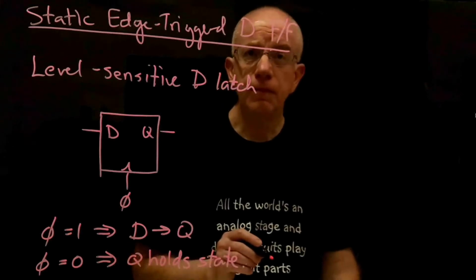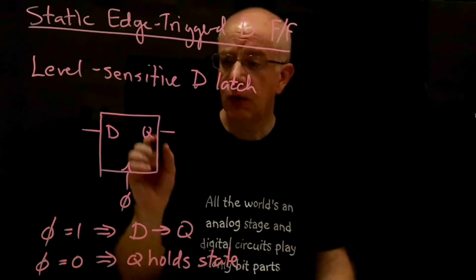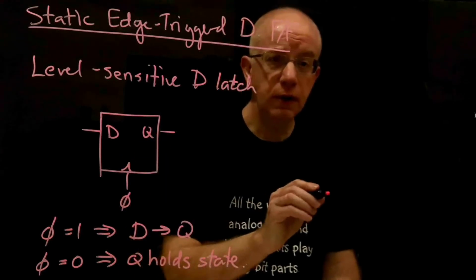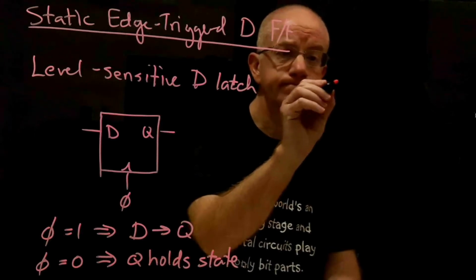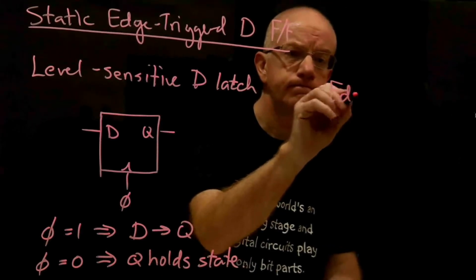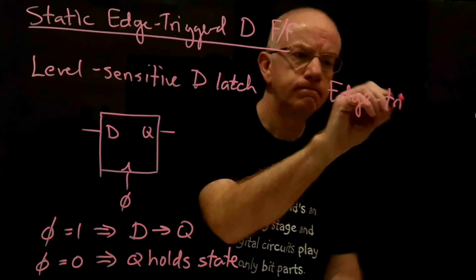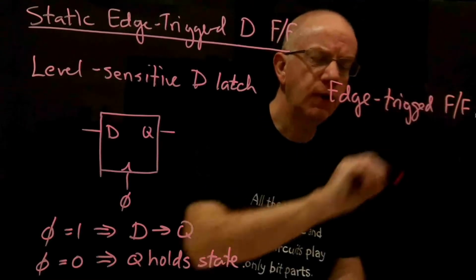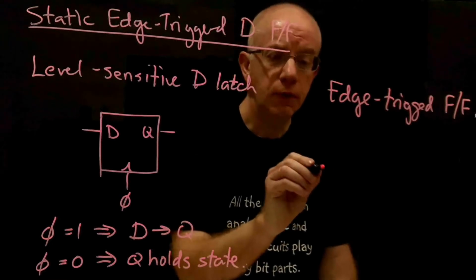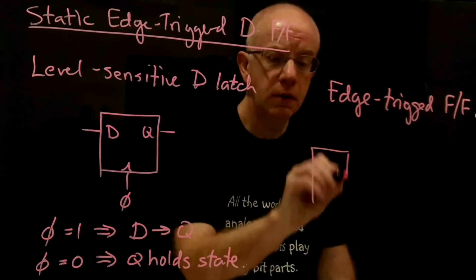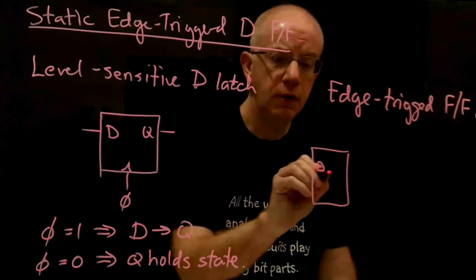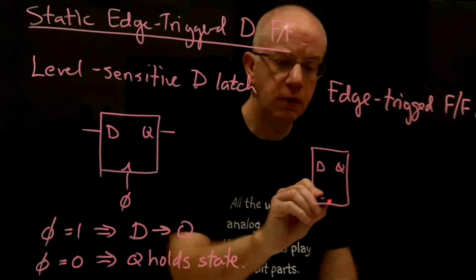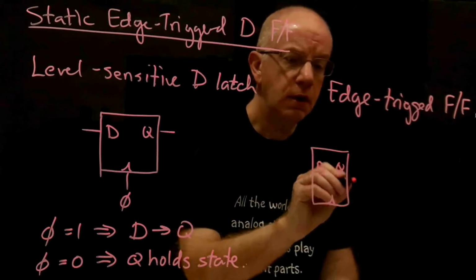And in circuits we talked about how we could take two of these and make an edge-triggered flip-flop out of them. We take two of these, each with D, Q and the clock.